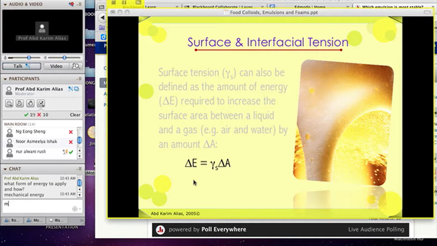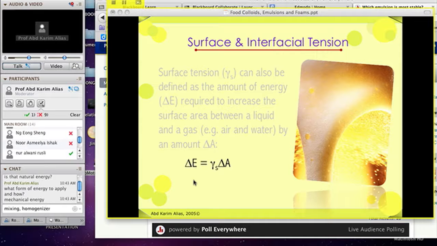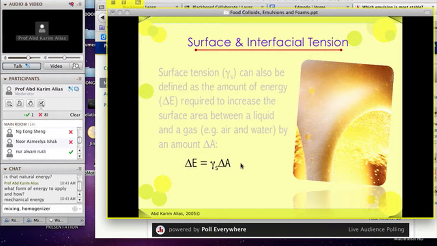By mixing, by using a high-speed mixer, or by using a homogenizer. So by using this mechanical energy, we can disperse one liquid into another liquid to form an emulsion, or we can disperse air into a liquid to form a foam.